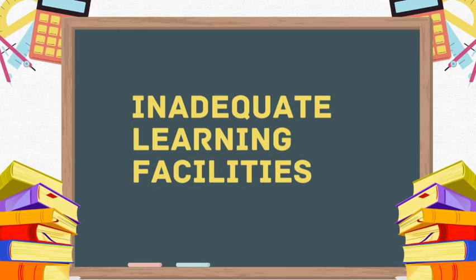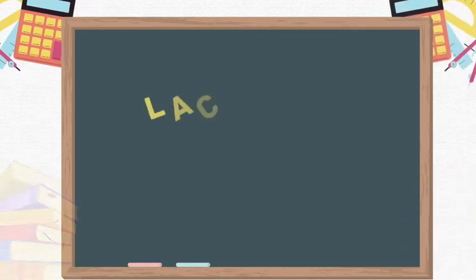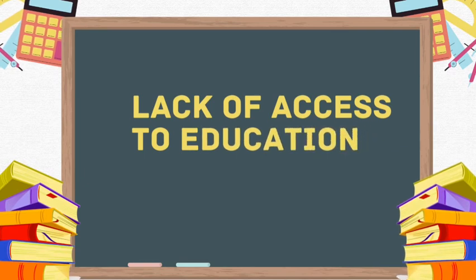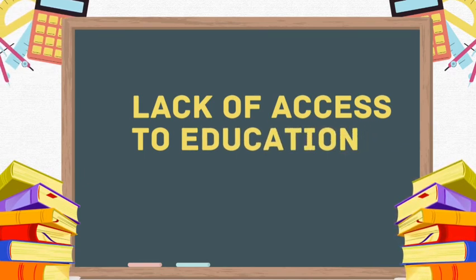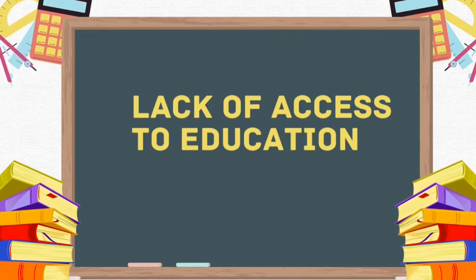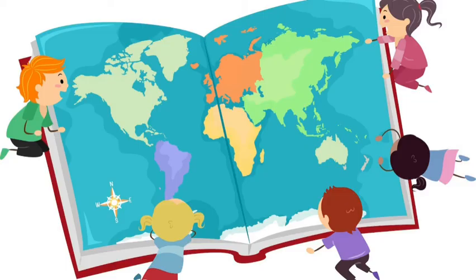There are some schools where they do not have the necessary learning materials. In some schools, they do not have tables and chairs where the children can sit to learn. We also have lack of access to education. Lack of access to education simply means that some children do not have schools around them.